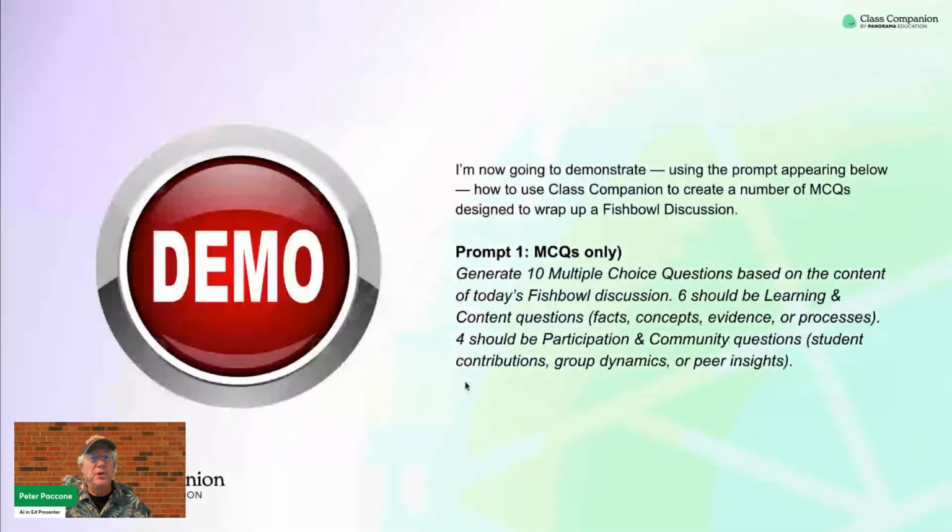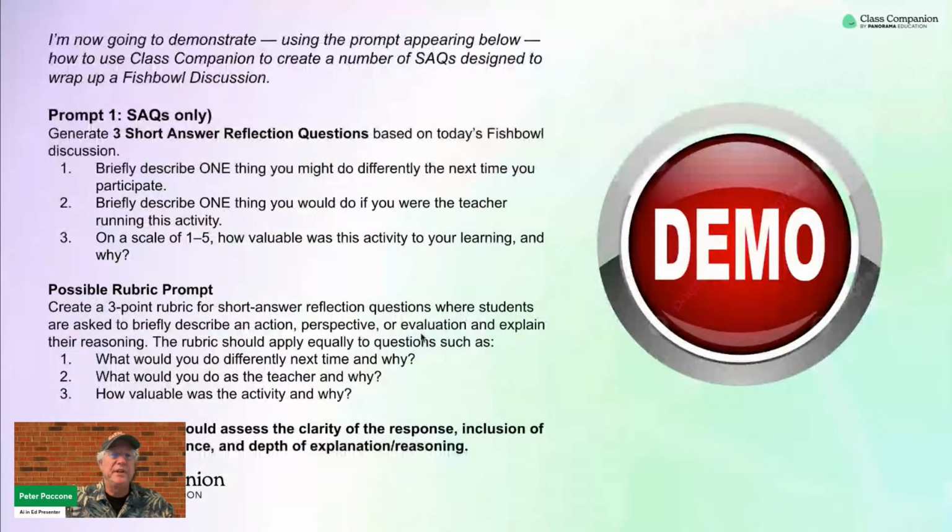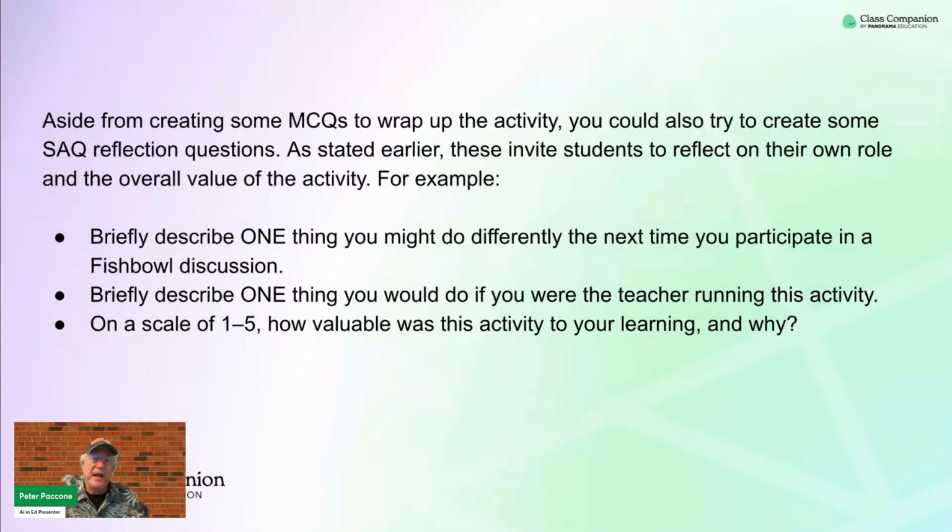Or we could also go this route. Look over here. We could ask it an SAQ question, generate 3 short answer questions, all reflection questions: briefly describe one thing you might do differently, briefly describe one thing you would do if you were the teacher running this activity, and then a rating on a scale of 1 to 5. So we'll back this out a bit.